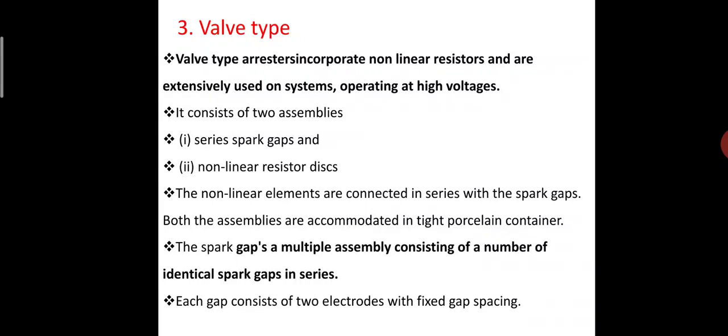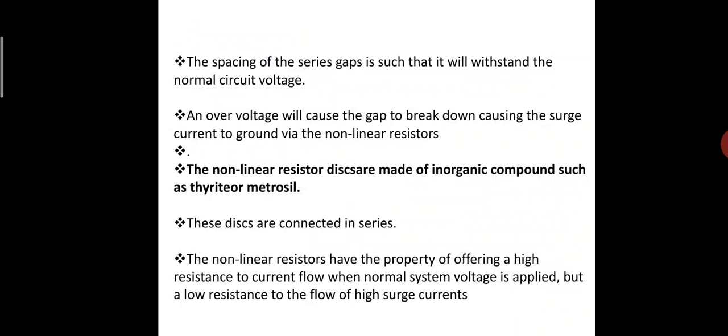The spark gap is a multiple assembly consisting of a number of identical spark gaps in series. Each gap consists of two electrodes with fixed gap spacing.